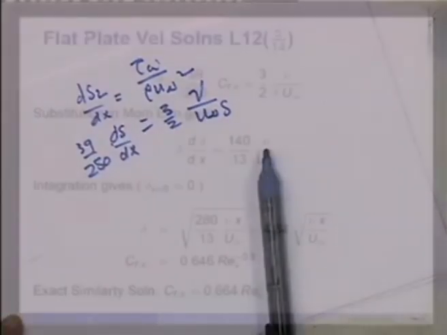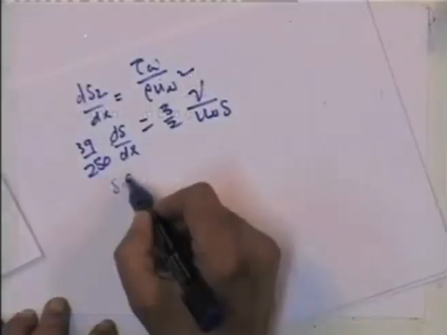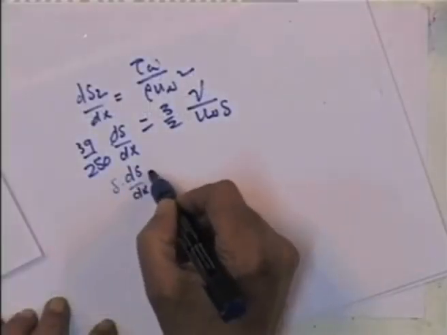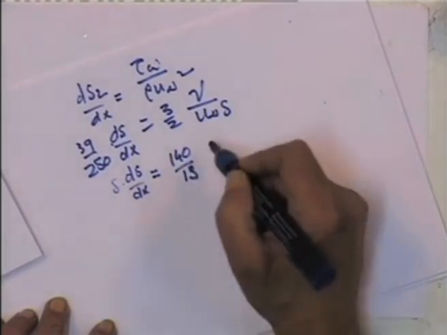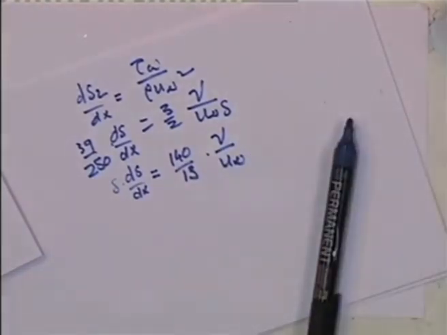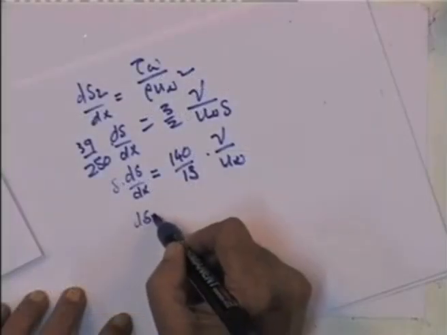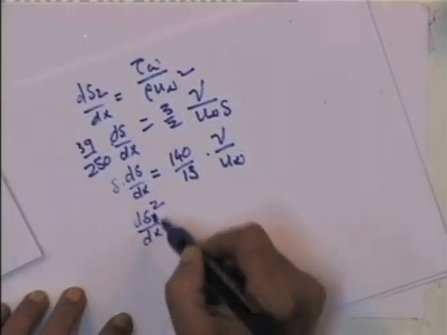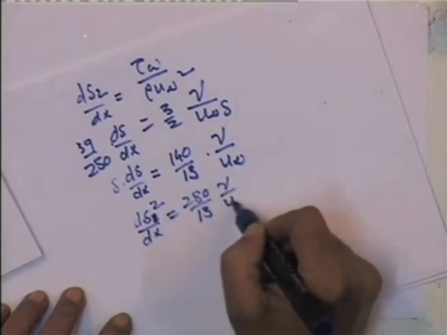Then you will see that I get essentially delta into d delta by dx equal to 140 by 13 nu over u infinity, which is nothing but d delta squared by dx equal to 280 by 13 nu by u infinity.